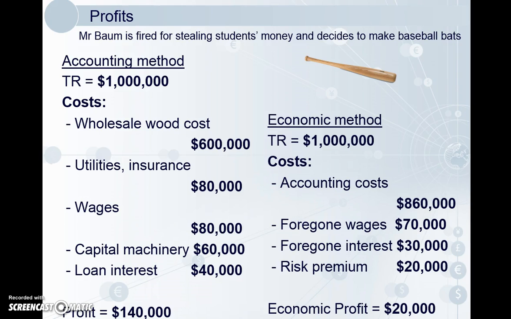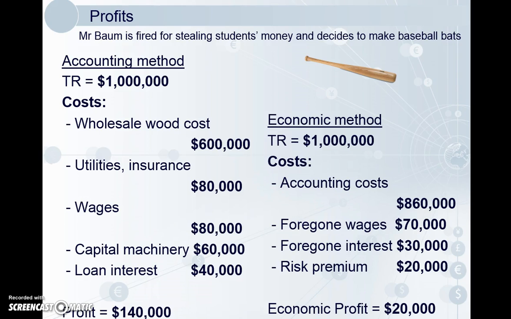Then looking at economic profit, of course, I take into account the explicit accounting costs. But then we look at the opportunity cost as well. I could have earned 70 grand doing something else, despite not being able to teach anymore. I can still earn 70 grand. I'm pretty skilled. And then there's also the fact that I poured my life savings into the business.